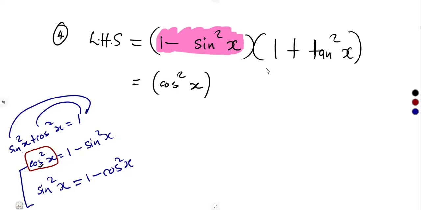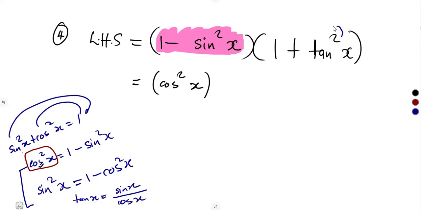Let's move on to this one because we still have another bracket here. There is no replacement for a tan squared from these two here because we've got sine and cos here. But we know a tan is equivalent to a sine over a cos, sine of x over cos of x. This is our tan.